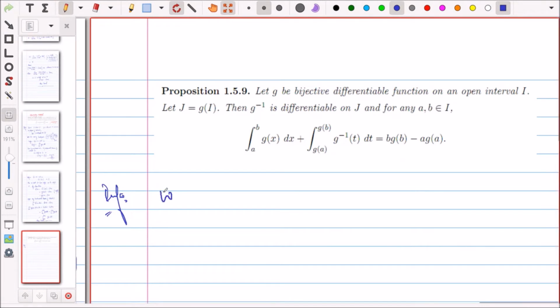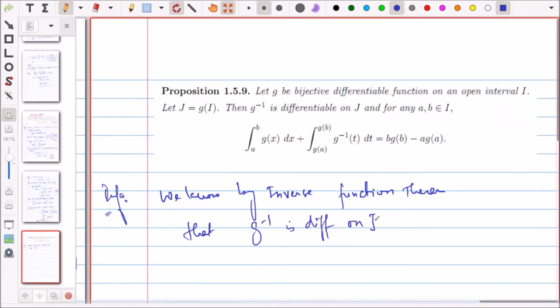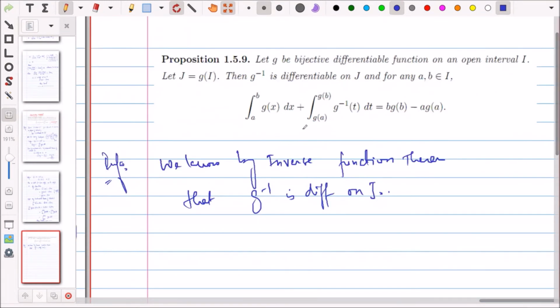So we know by inverse function theorem that g inverse is differentiable on J. Okay, so we don't need to prove this here. This is from the last semester, so we can use this fact. So just call it inverse function theorem. So that gives us that g inverse is differentiable.